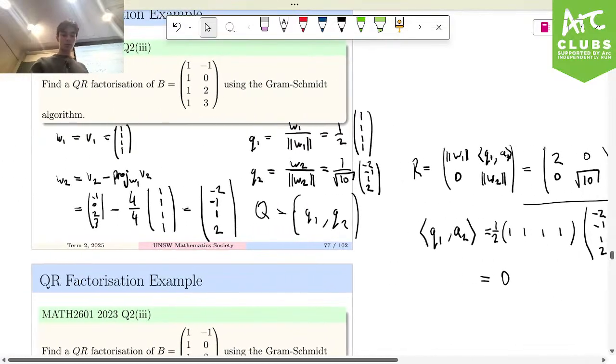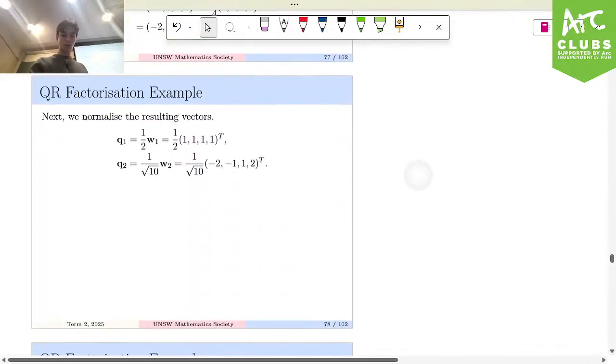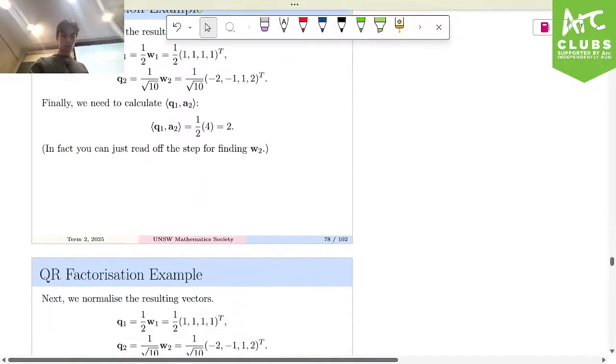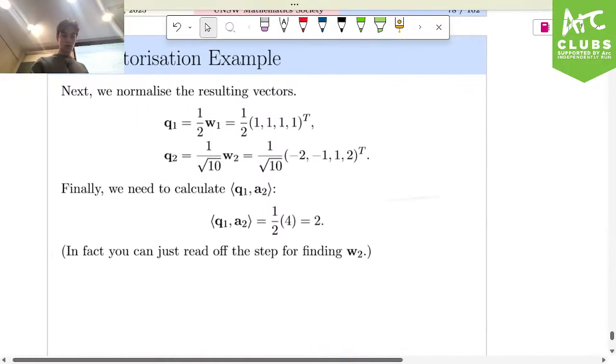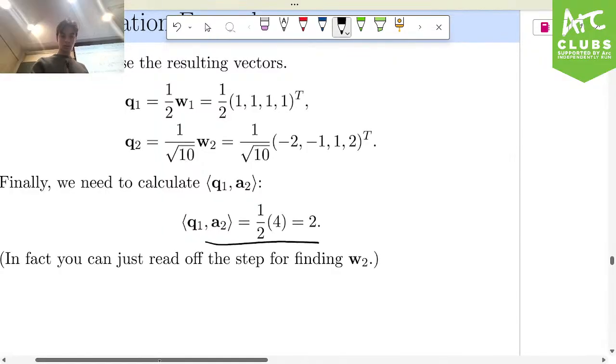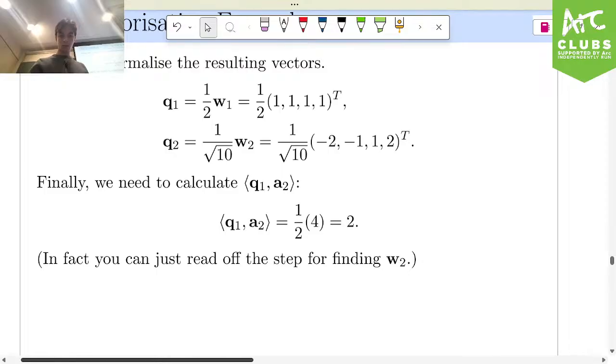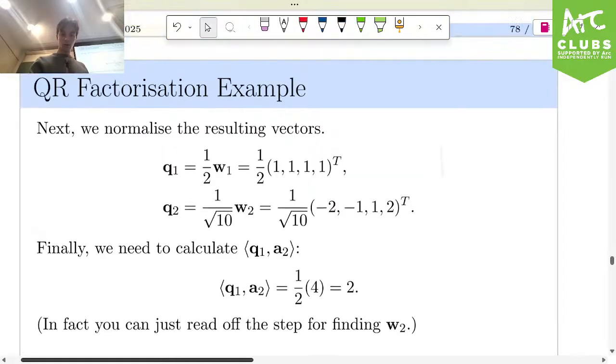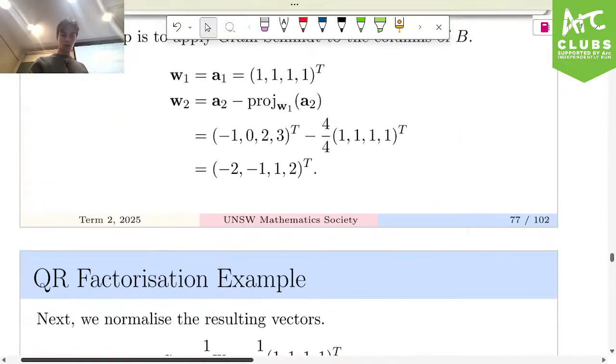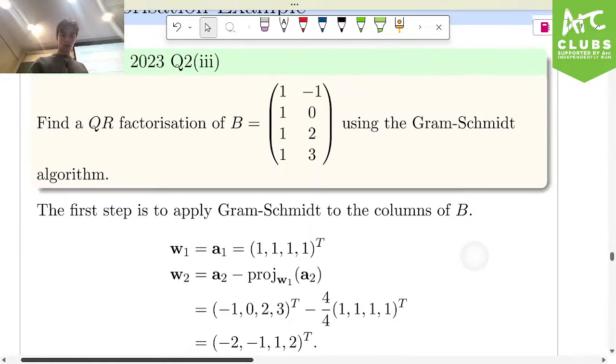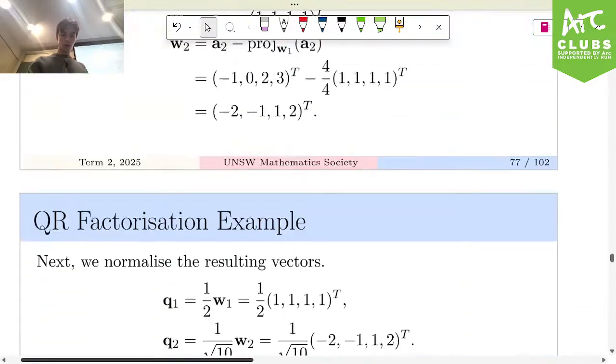So let's check if I indeed did make an algebra mistake somewhere. Q1, A2 is supposed to be 2. How did I mess up?